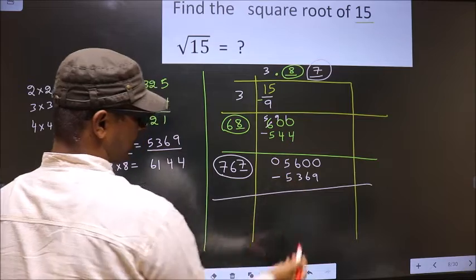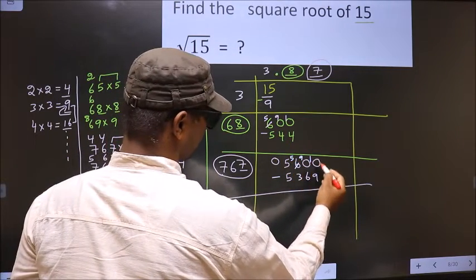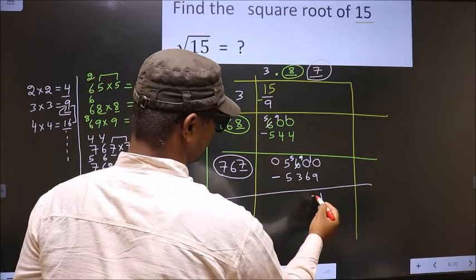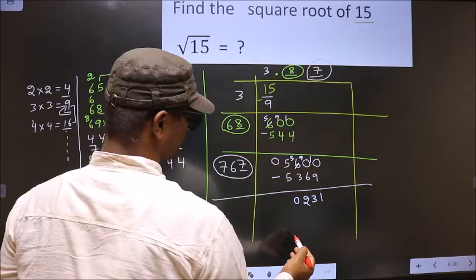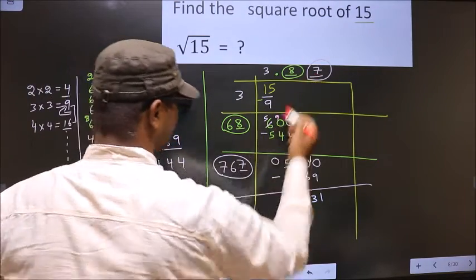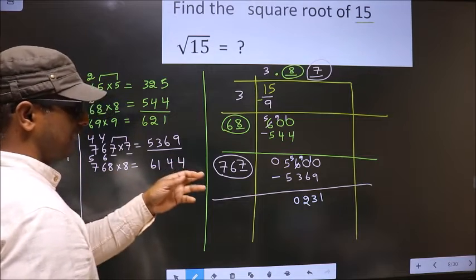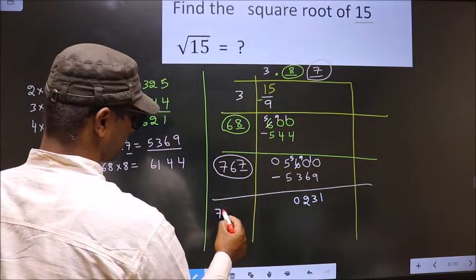Now you subtract. So here it is 5, 9, 10. 10 minus 9, 1. 9 minus 6, 3. 5 minus 3, 2. 5 minus 5, 0. And here we should add these two numbers and write: 767 plus 7. You get 774.